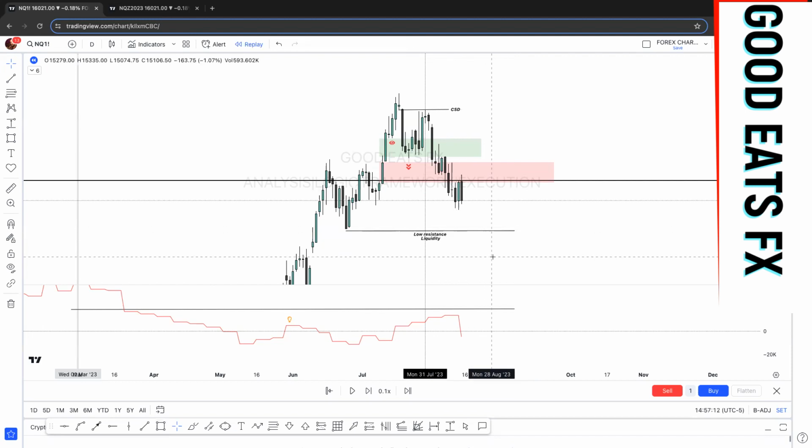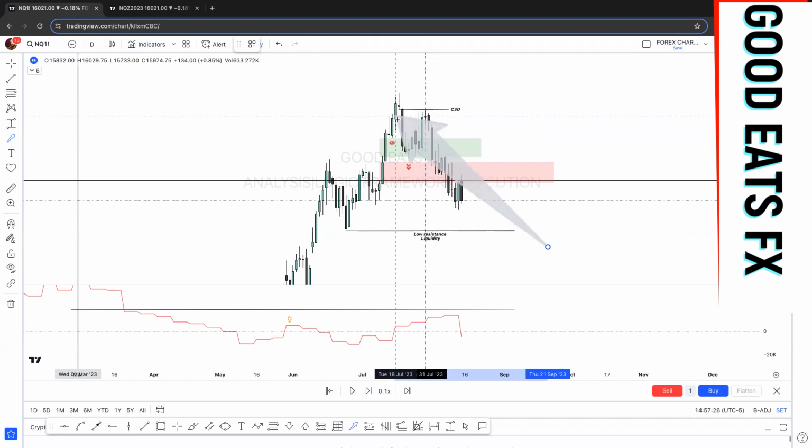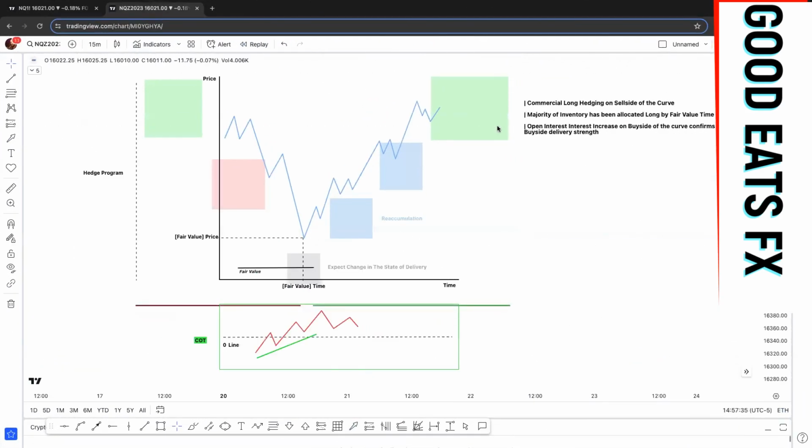We should see distribution. You understand what I said there? This could all be your accumulation while smart money is hedging longs, right? This could be your smart money reversal, which is now we expect the distribution. So we have all the information we want to see based on everything that I showed you over here.